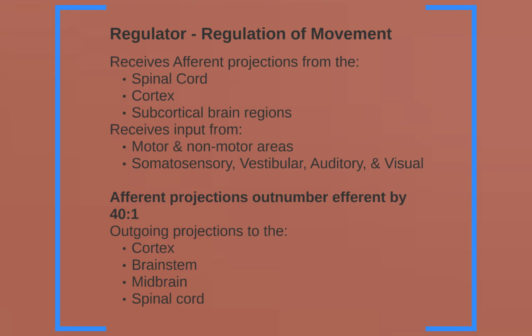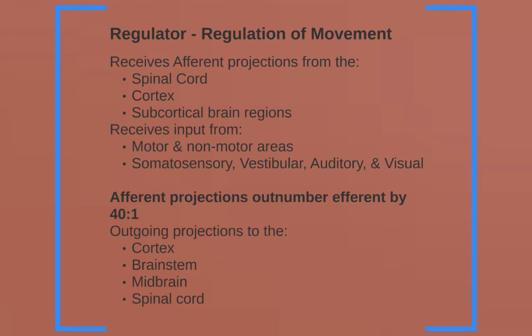So essentially, the cerebellum is receiving information from every major player in movement from a central nervous system standpoint. Interestingly enough, the cerebellum is outnumbered in afferent over efferent by 40 to 1. Again, the cerebellum is receiving 40 afferent projections to every 1 efferent.